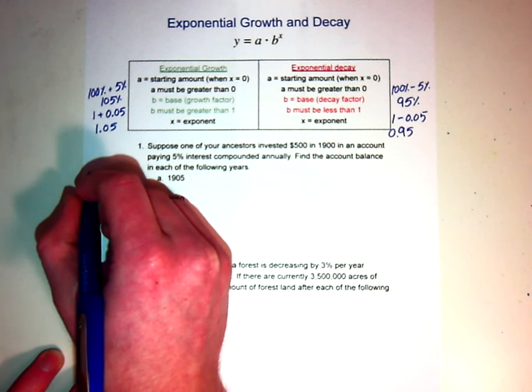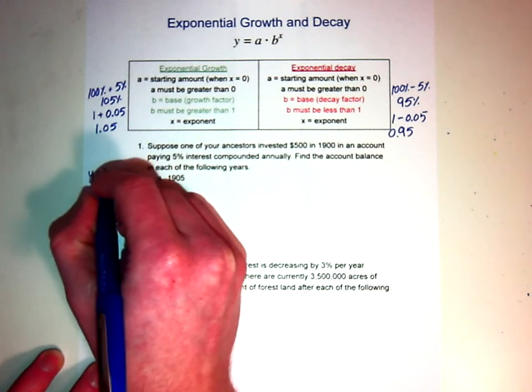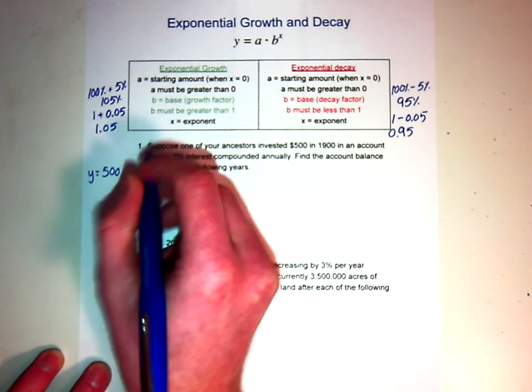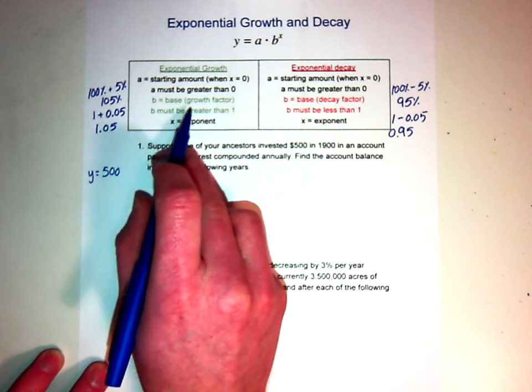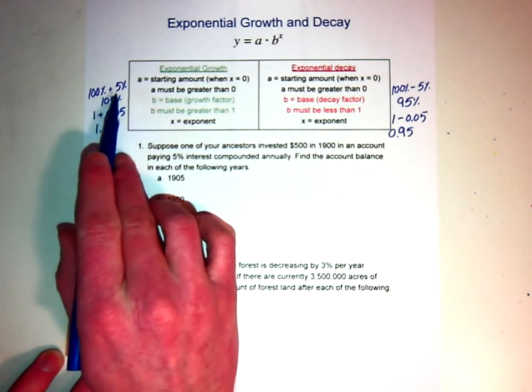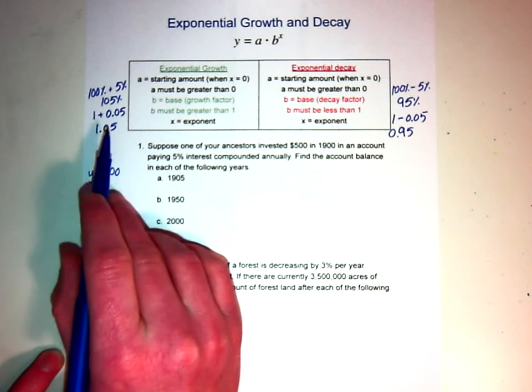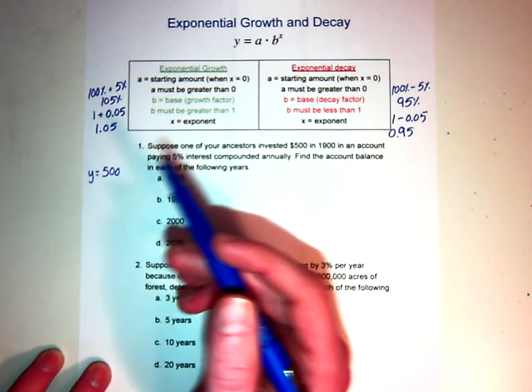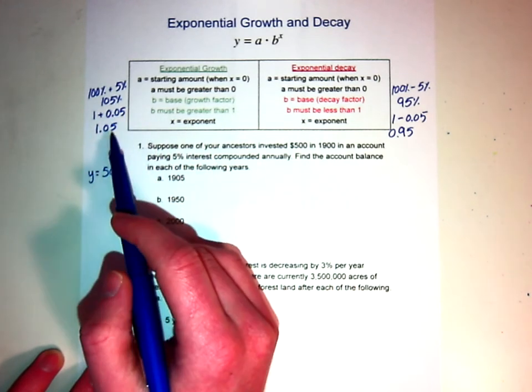So I've got 500 as my A. My B is the growth factor. We actually already did this: because it's 5%, I need to add 100% and 5%, which gets me to 105%. When I'm working with equations, I don't want percentage form, I want decimal form.